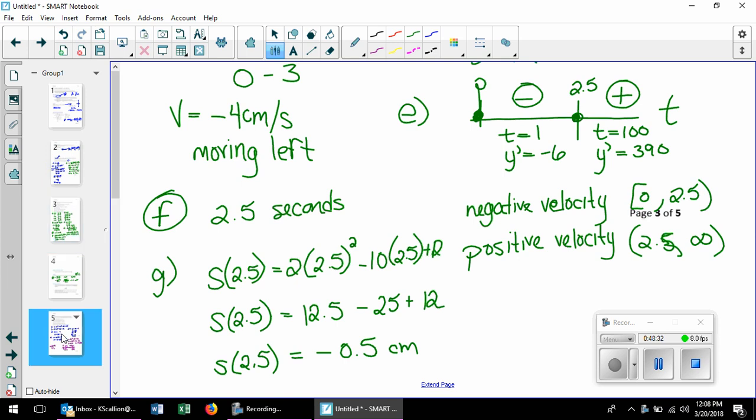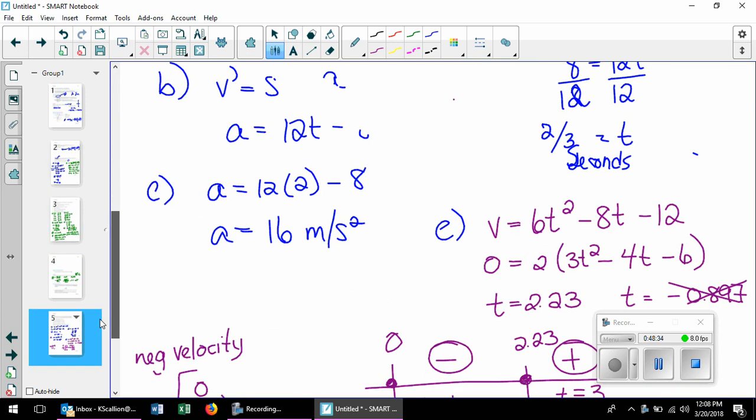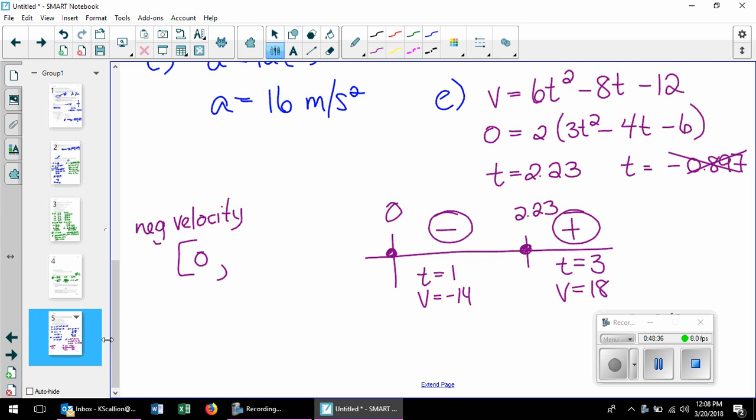Okay. All right. But yes, negative velocity is at 0. It is a negative velocity, and that is 2.23. Round bracket, and then positive velocity.